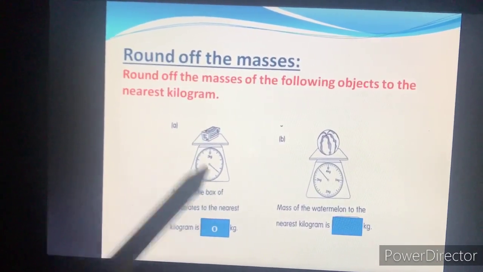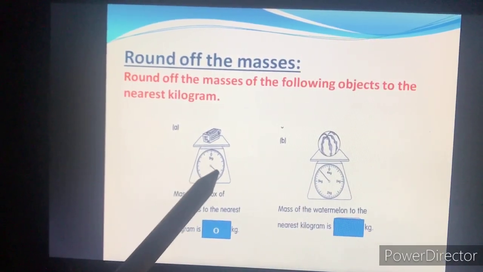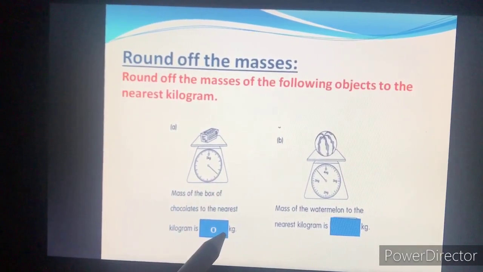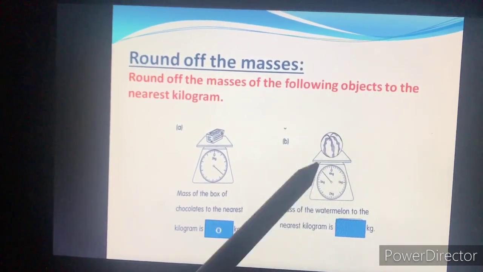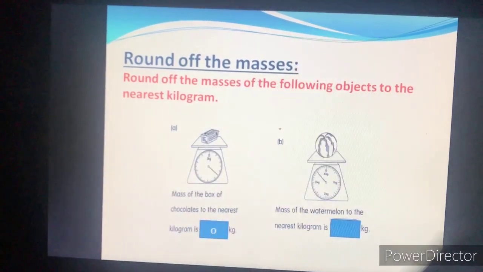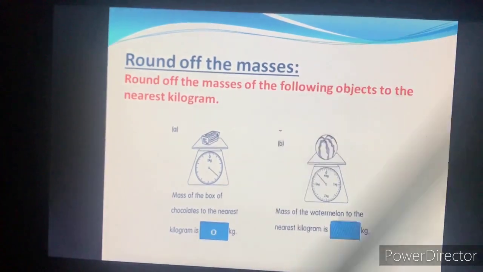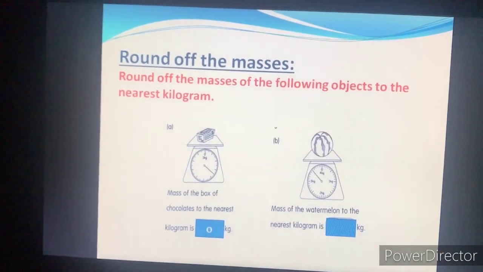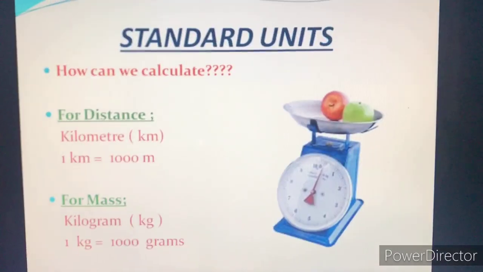But now it is less than half, so we will consider it as 0 kg. What about this watermelon? See, the scale given to you is of 1, 2, 3, 4 kg and the needle is in between 3 and 4. So, it will be 4 kg. And that's all.